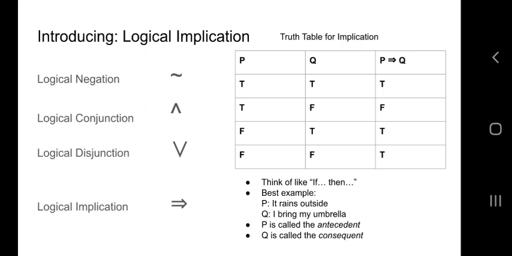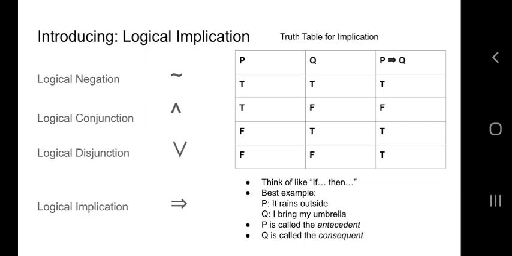We want to make sure we understand that. If P is true, then Q is true. And we can ask, is that true? Is what we just said true? And that's what this truth table is going to answer.